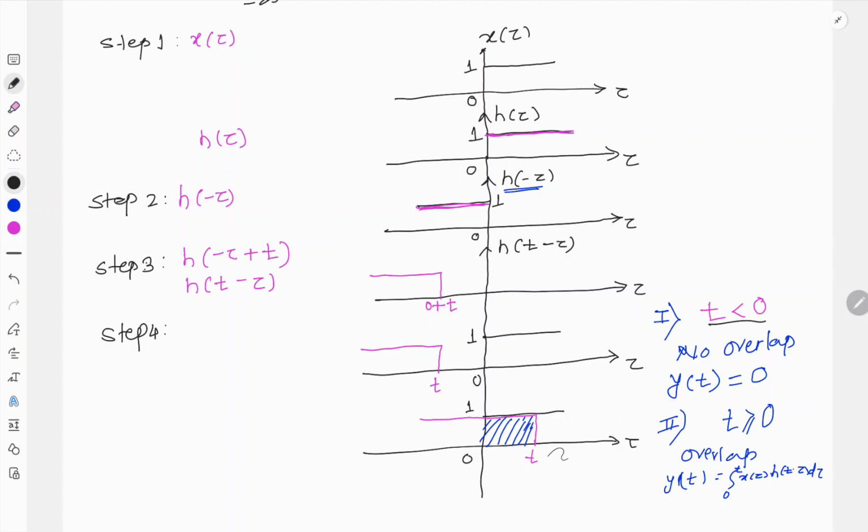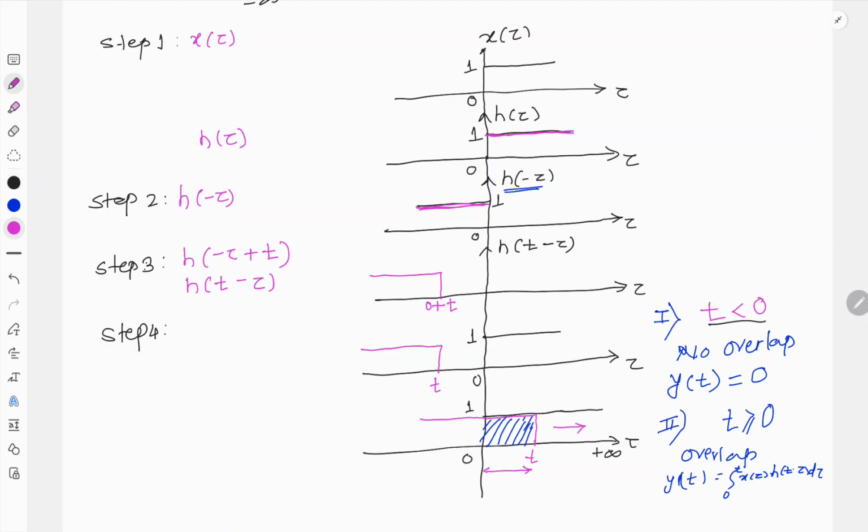Now the next task is that this h of t minus tau signal needs to be shifted further in the right direction and we check whether this 0 to t region changes. If you look at this x of tau signal, it is approaching towards positive infinity.